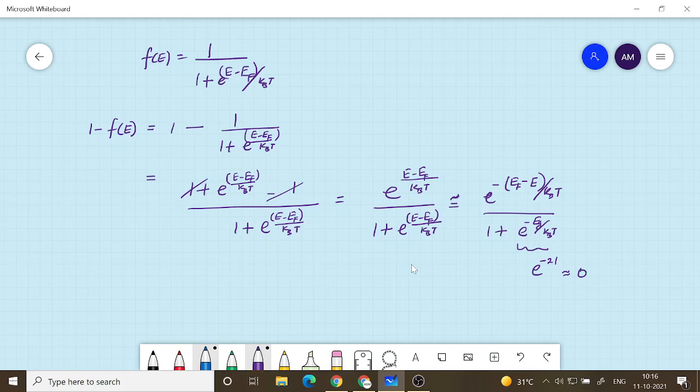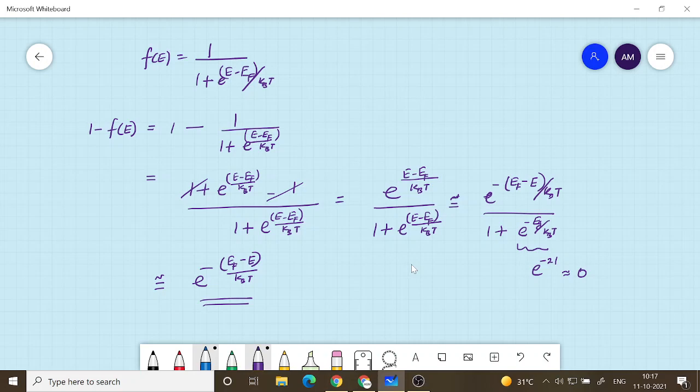So you could write this to a very good approximation as e raised to minus EF minus E by kBT. This is a very valid approximation, because E minus EF is of the order of minus EG or more in magnitude, which is much greater than kBT, around 21 times at least. So e raised to minus 21 is almost equal to 0.